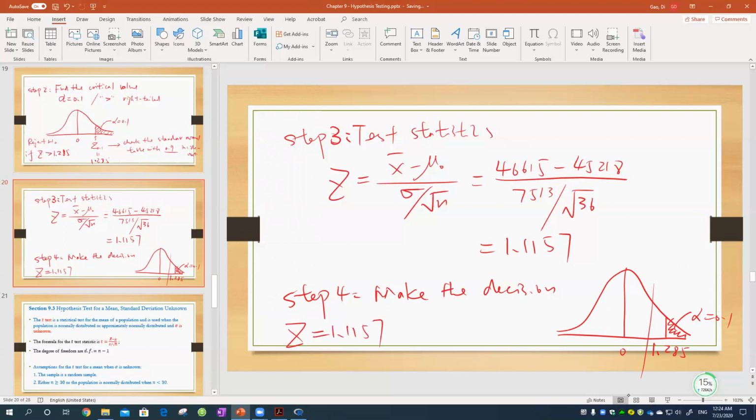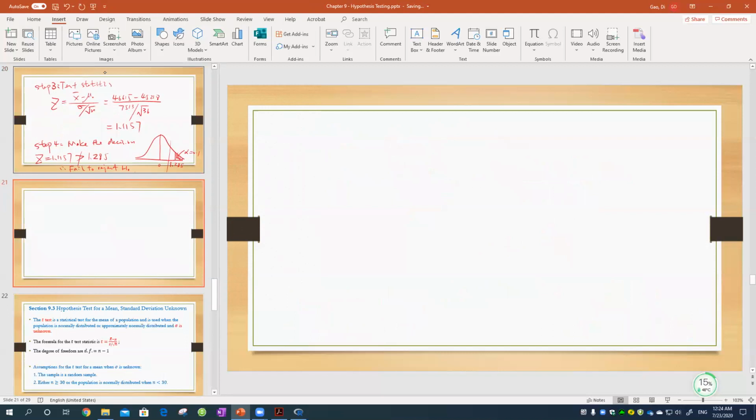We reject if it's more than 1.285, but it is not. 1.1157 is not more than 1.285. So we fail to reject H0.